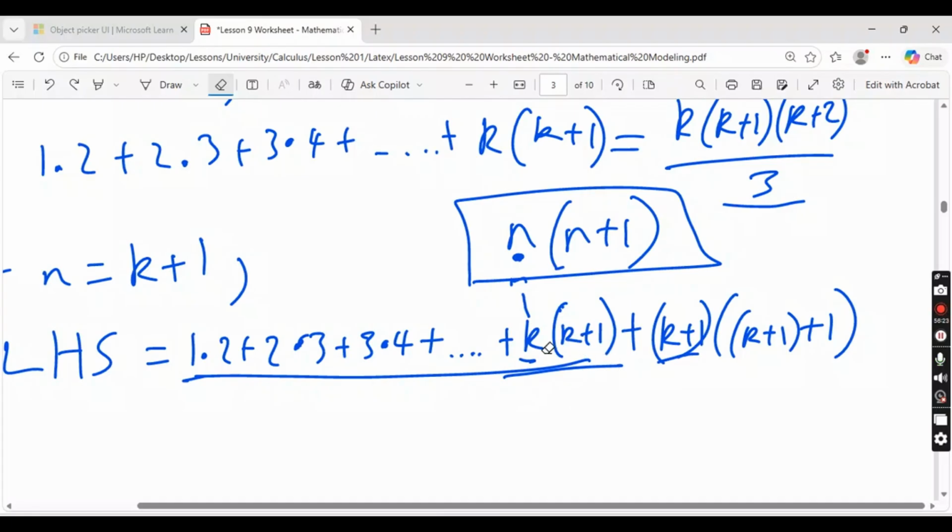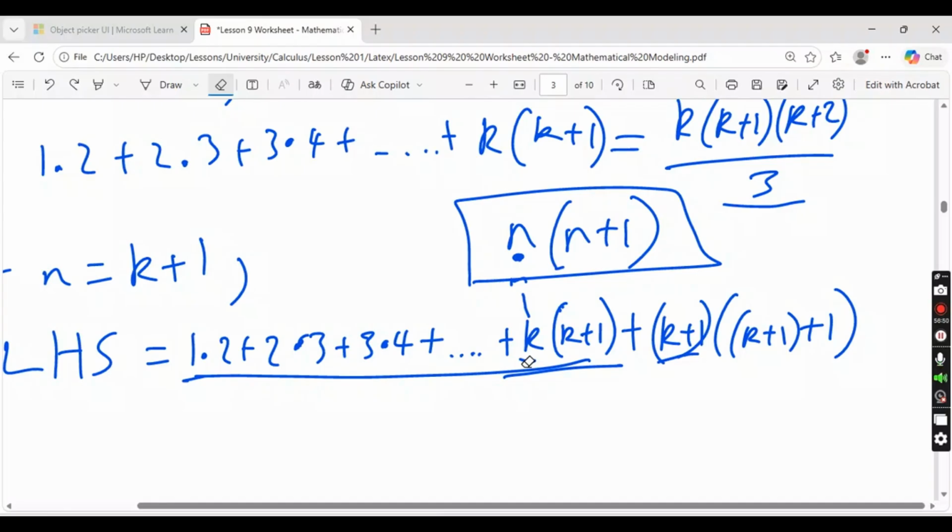Question, the next question that we do, should I leave k, should I involve k or not? I should leave it out.